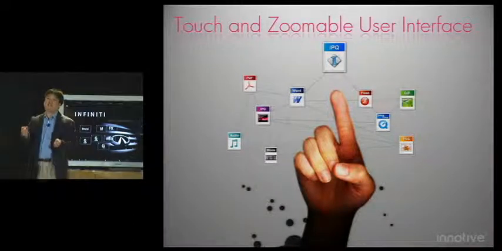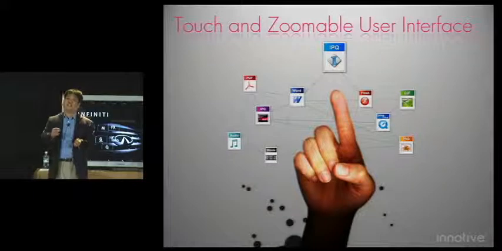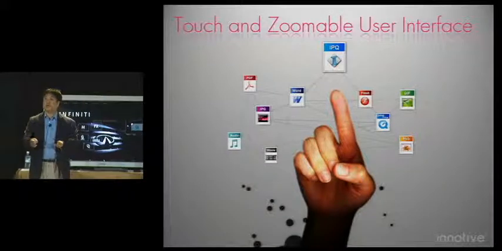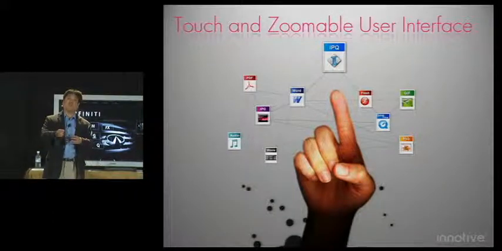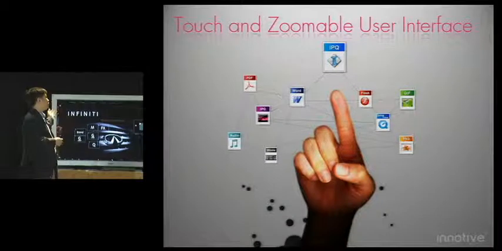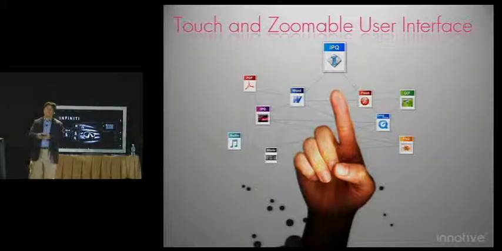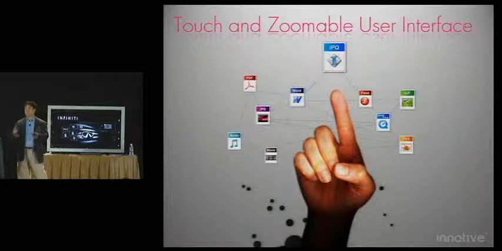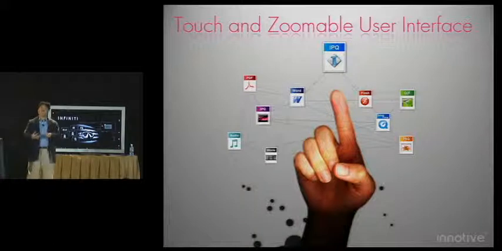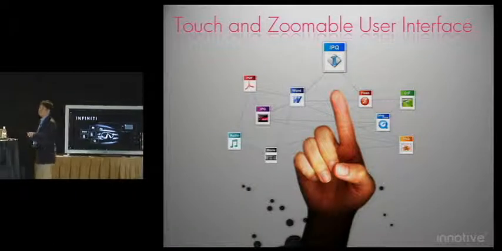But now, with a zoomable user interface, you can do less XML parsing and keep the original content. So not only can you view it on a big screen like this, you can view it on the web, and on a mobile platform. And we found that one-source multi-use, yes, but to make it even more effective, you should use a zoomable interface, and we'll be sharing that a little later.